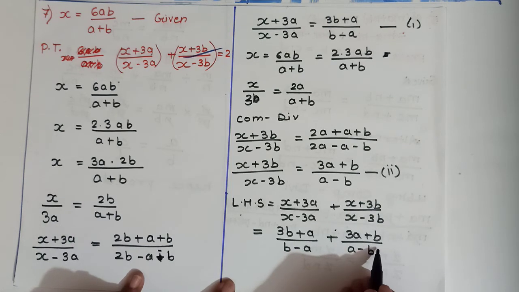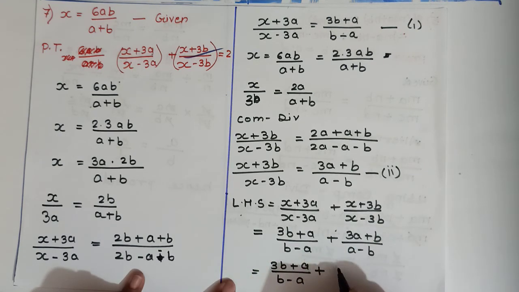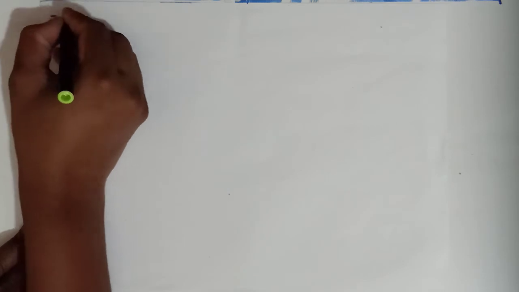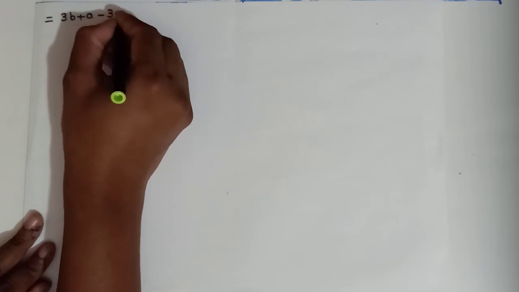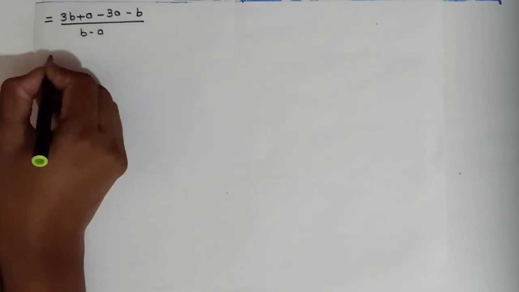Now if from here I bring my minus sign common, it will be 3b plus a divided by b minus a, plus, taking the minus sign common from the denominator, it will be 3a plus b divided by b minus a. Now both the denominators are the same, so we can take it as 3b plus a minus 3a minus b divided by b minus a.